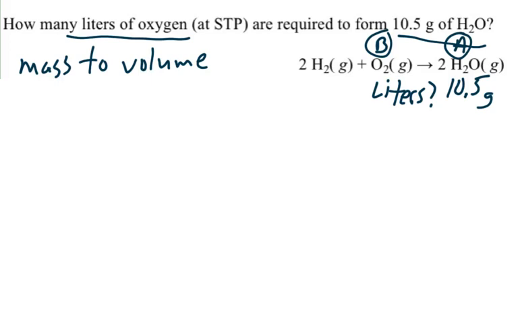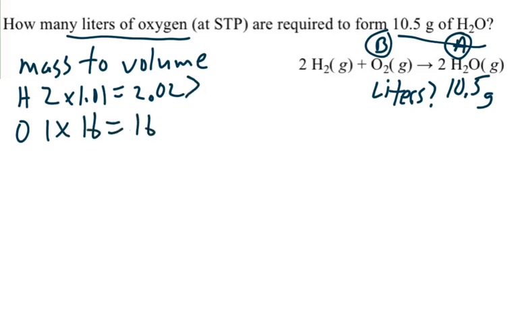So the first thing we need to do is change the grams of A into moles. Now, if you recall, water, and I'll do it quickly here, remember to ignore coefficients. Very important when you're finding molar mass. So I need to find the molar mass of water, which is 18.02 grams per mole.